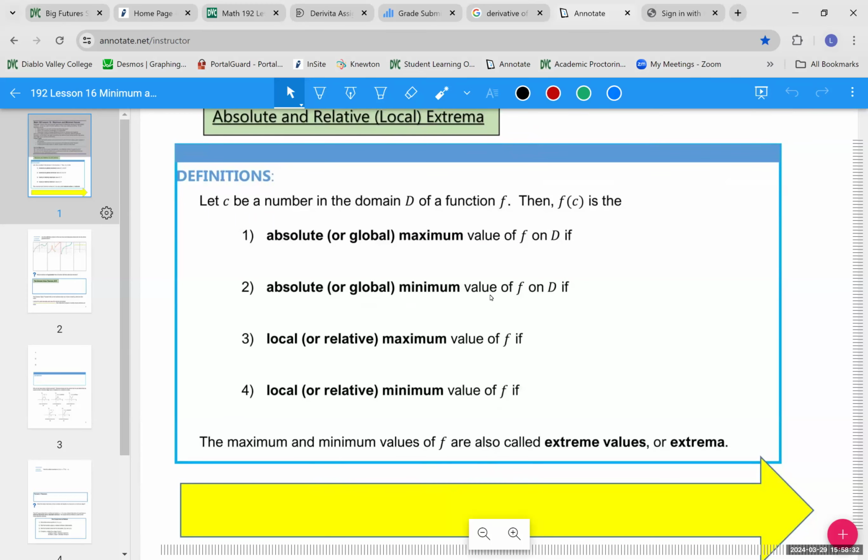We are going to be talking about c being a number in the domain D. We'll call the whole domain D of a function f.